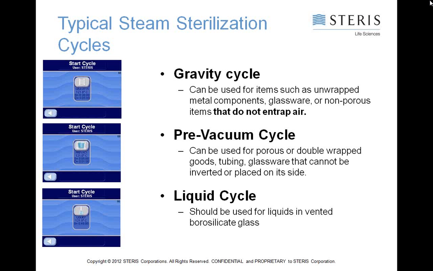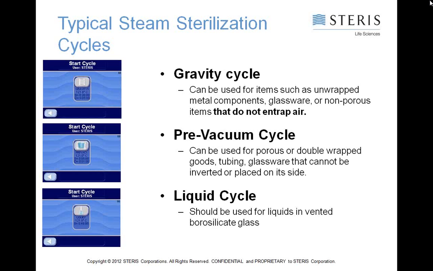And then finally, the liquid cycle. A liquid cycle really is just a modified gravity cycle, and it should be used for liquids in vented or borosilicate glass. The difference between the gravity cycle and the liquid cycle is in the exhaust time. So we've brought the liquid to temperature, obviously well above boiling at 121.